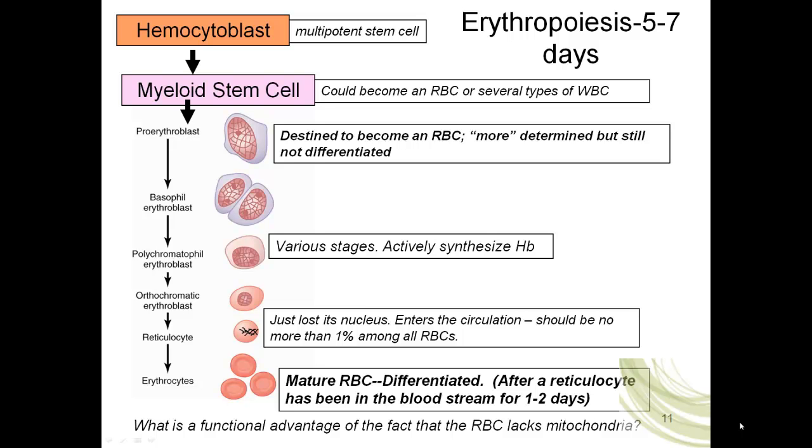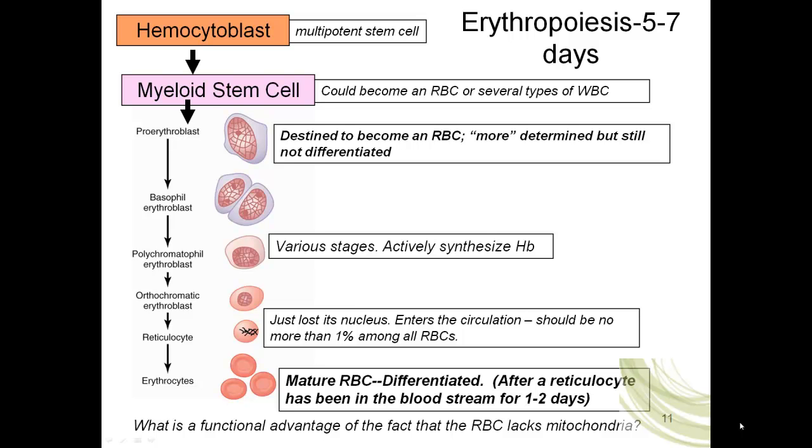It shouldn't be more than 1% of all the circulating red blood cells. It has lost all of its organelles, including its nucleus, but it still holds on to some endoplasmic reticulum, which provides a platform to make hemoglobin. So up until the last moment, this cell is focusing on hemoglobin synthesis.